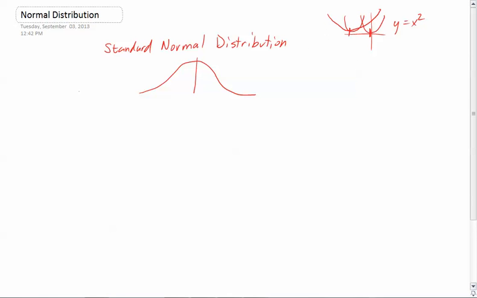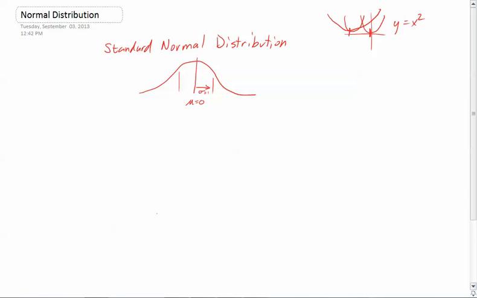Okay, it's the same idea with the standard normal distribution. A standard normal distribution has its center, its average, at 0. And not only that, but the standard deviation, by definition, the standard deviation of that is 1.